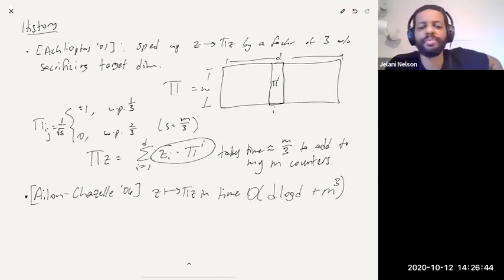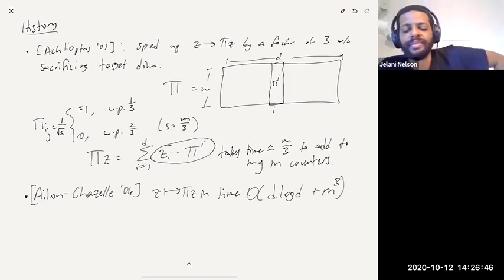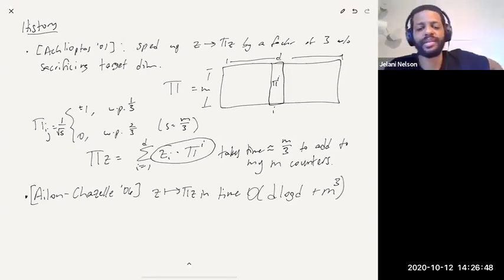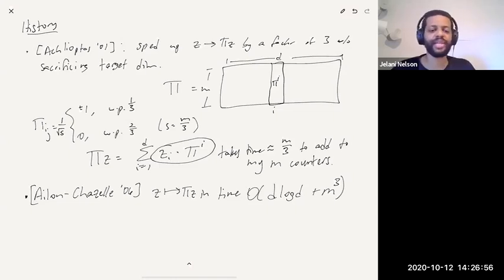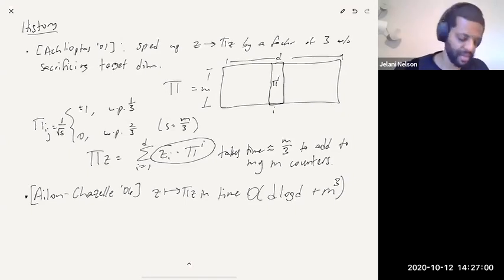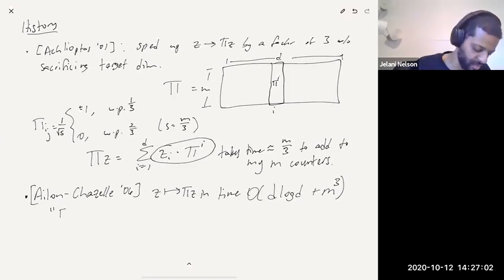So if you think of m as small, m is the target dimension. If you ignore the m cubed, this is nearly linear time in the dimension of the vector z. So what better could you hope to achieve? This is called the fast Johnson-Lindenstrauss transform.